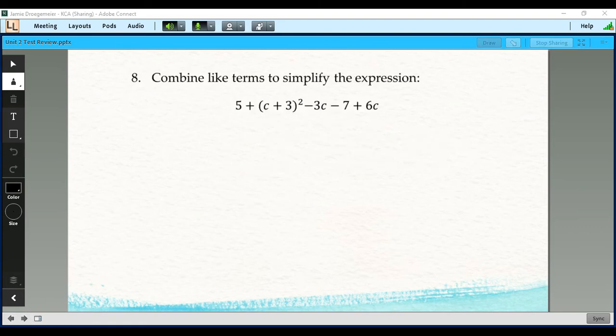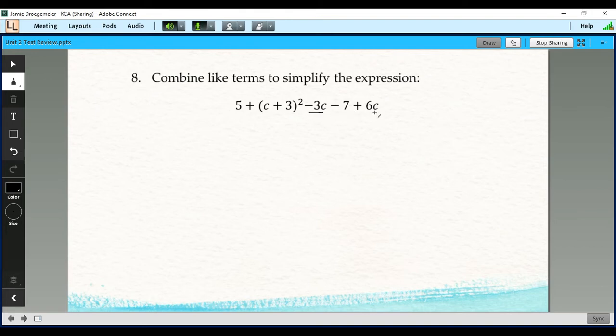In number 8, they ask us to combine like terms to simplify this expression. All right, and so for this one, if we're looking for our like terms, like terms have the same variable, same exponent.